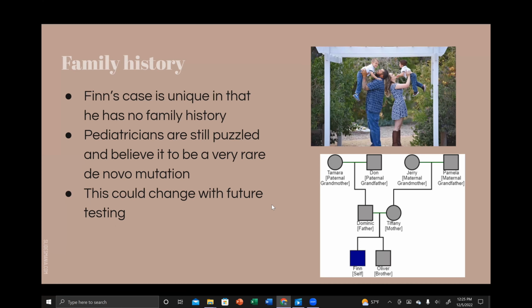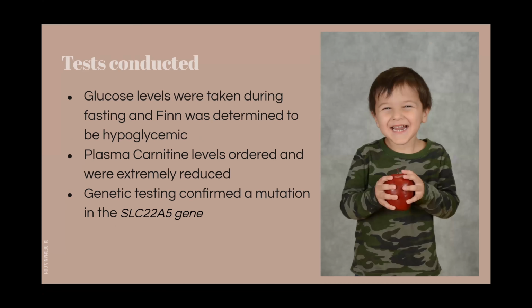So, first and foremost, in the tests conducted, he was first determined to be hypoglycemic, and specifically ketotic hypoglycemia, based on the ketones that were often smelled on his breath. And this was done with laboratory testing to determine his glucose levels after fasting.